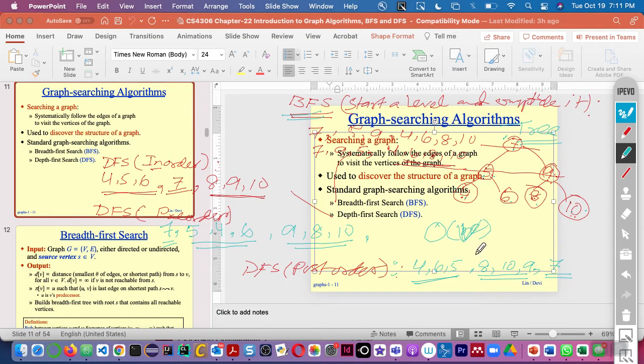So in the worst case, we have to check all vertices, all nodes. Maybe we will be looking for 10, so it will go all the way to the end, or you are looking for 12 or 11 that does not exist. Still, we have to search all existing elements. So in the worst case, we need to go all the way in. Now, does anyone have a question about depth first search? If it is okay.